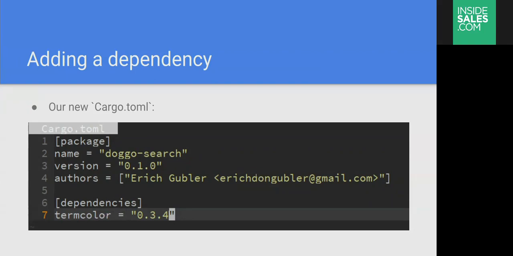Just as a side note, everything in the Rust ecosystem usually follows semantic versioning. So what you're saying here is not actually, hey, give me 0.3.4, but you're saying, give me something that's semver compatible with this.